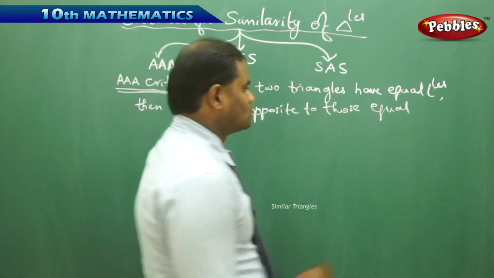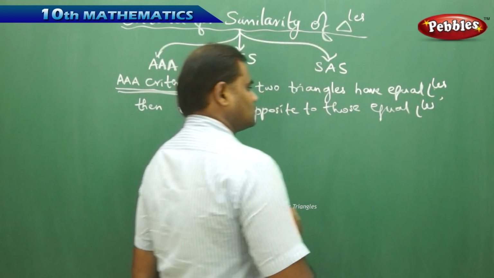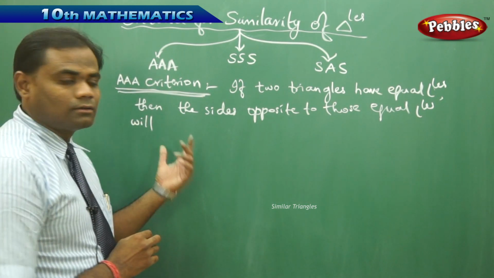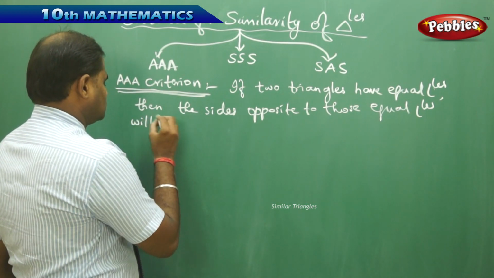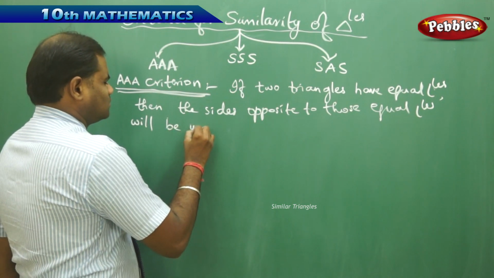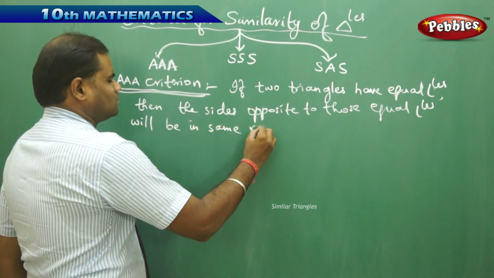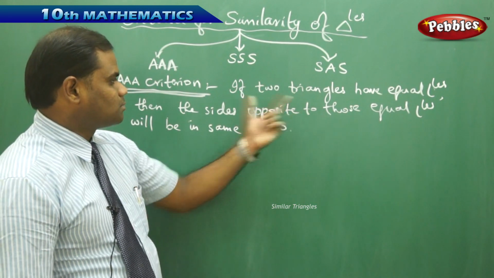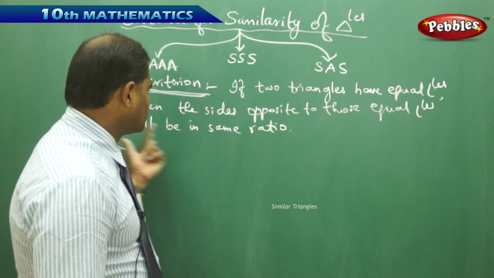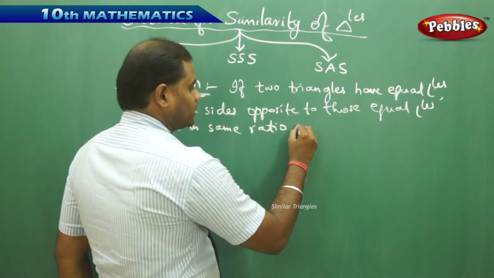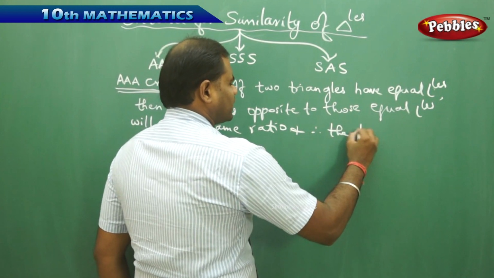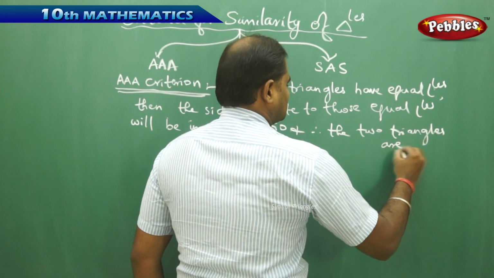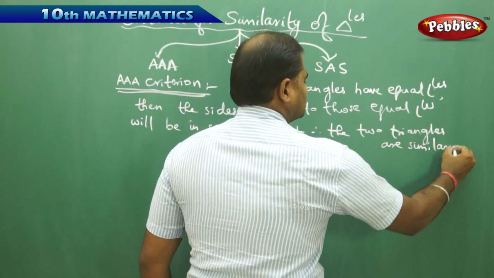Then the sides opposite to those equal angles will be in the same ratio. And hence, because the corresponding angles being equal implies the corresponding sides are in the same ratio, the two triangles are similar.